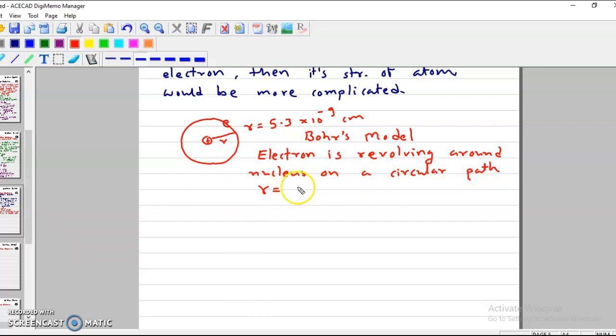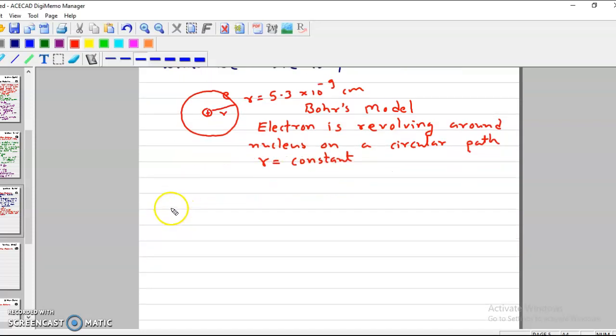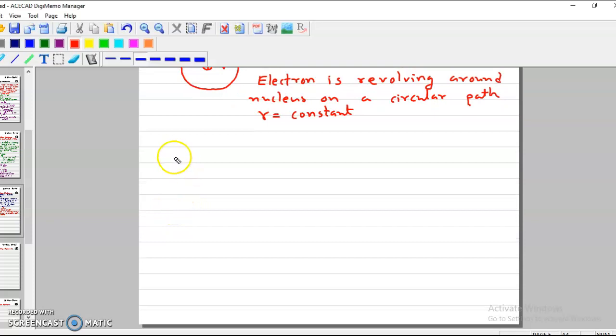Therefore, r is constant. So Bohr's model is an accurate model with all accurate values.